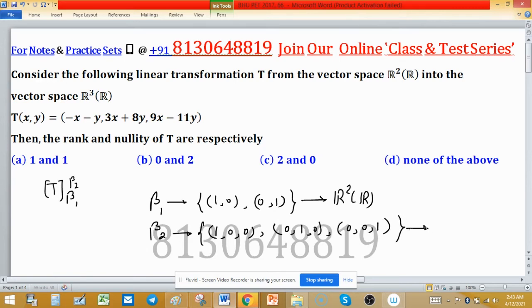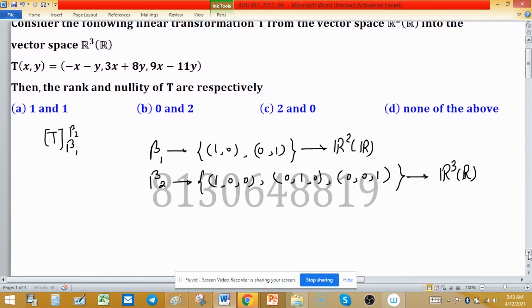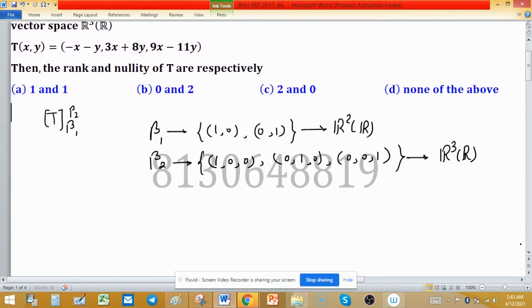This is a standard ordered basis for R cube over R. Means we are finding matrix representation of this linear transformation with respect to standard ordered basis.